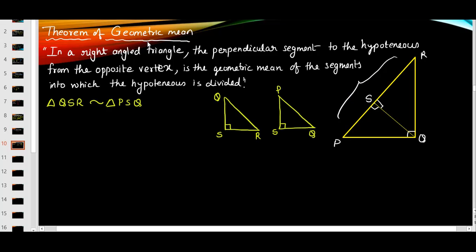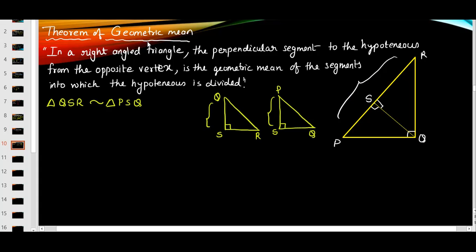Now in the similar triangles chapter, we said that this side is divided by this side. So the ratio of this equals the ratio of the hypotenuse sides, or equals the ratio of these horizontal sides. They should always be the same if they are similar triangles.